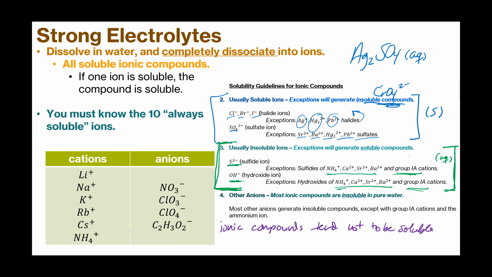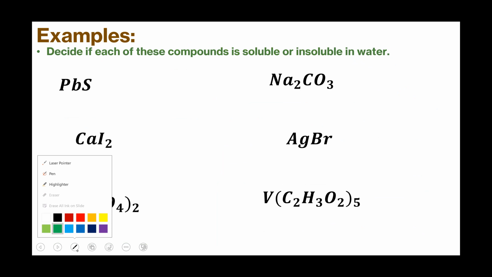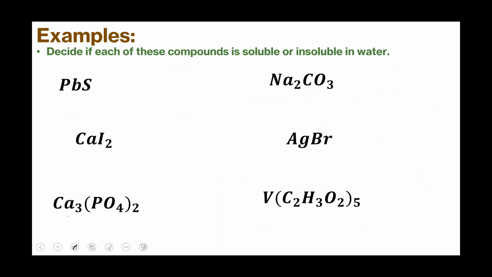Now, the big test is, can we put this to work? Can we look at a compound and decide if it's going to be soluble or insoluble? Look at this. You might want to have your solubility guidelines handy. If we have lead 2 sulfide, sulfides are generally insoluble.